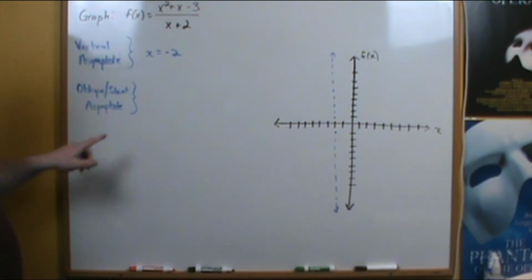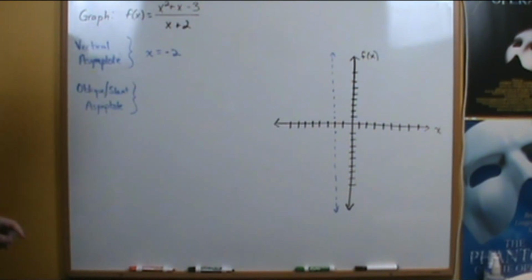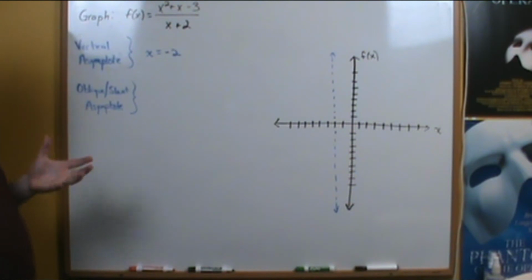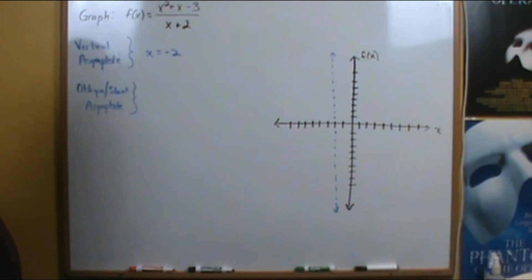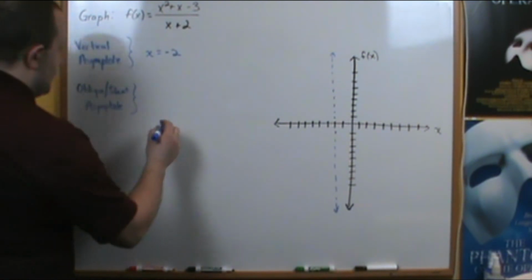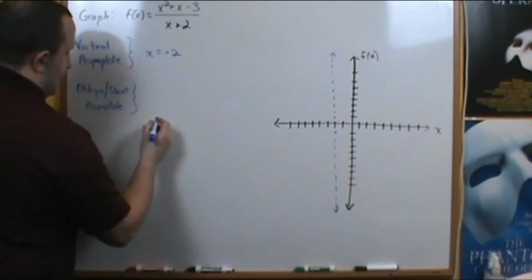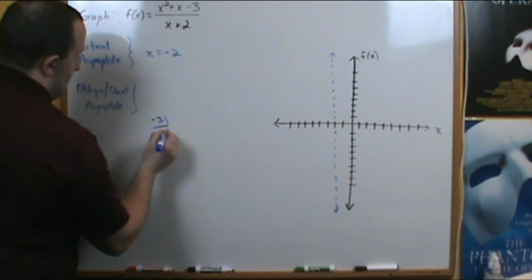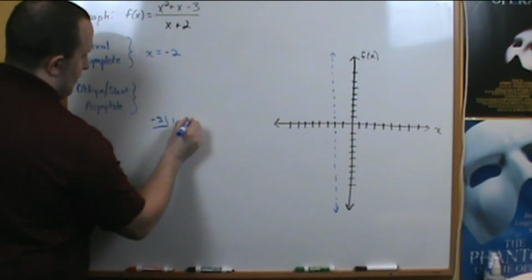And that oblique or slant asymptote, we find it using polynomial division. In this case, we're going to use synthetic division and divide using that method.